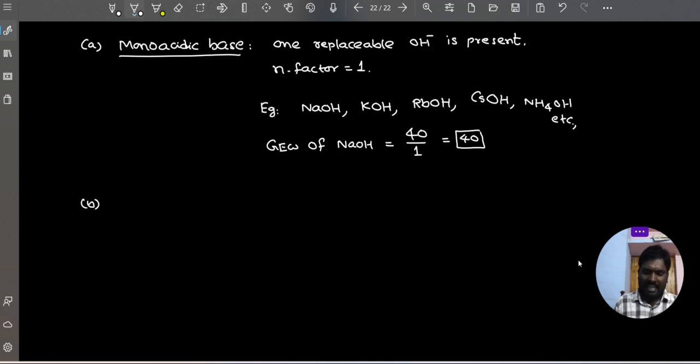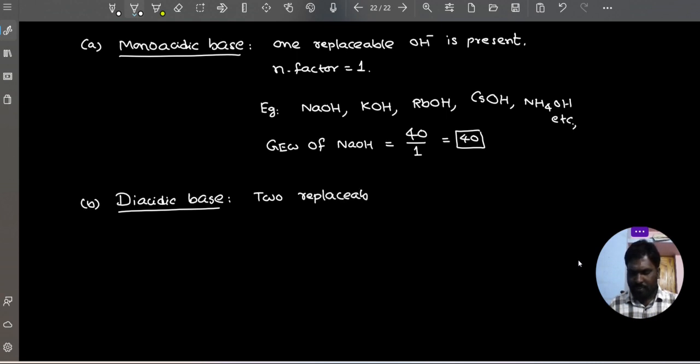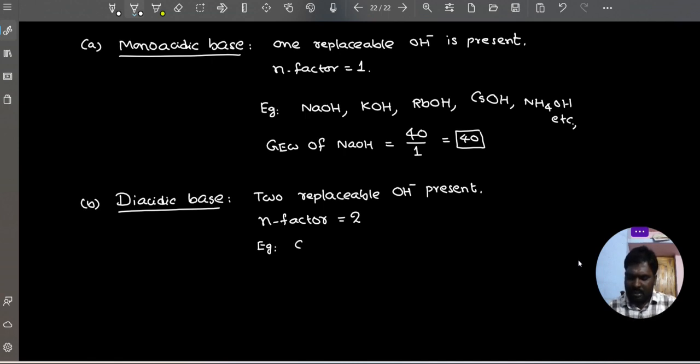Coming to diacidic base: two replaceable hydroxides present, so the N factor is 2. Example, calcium hydroxide.